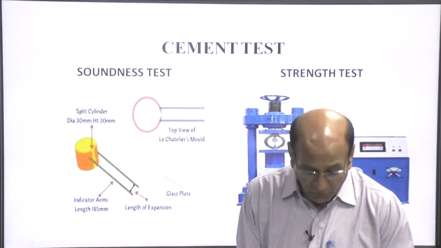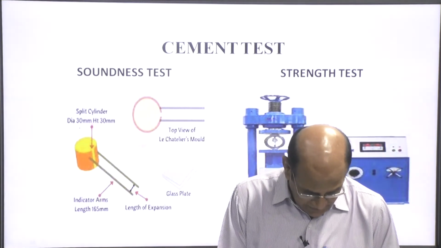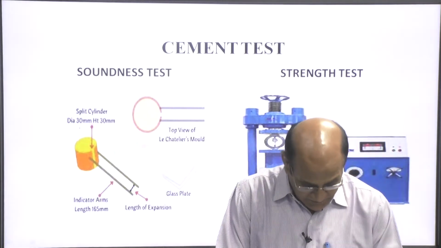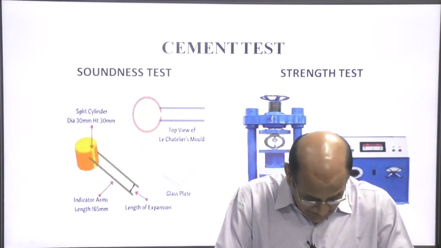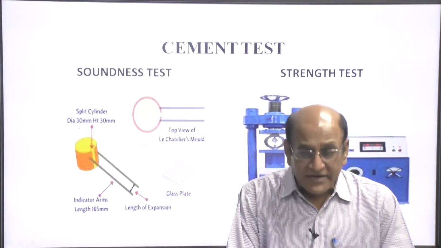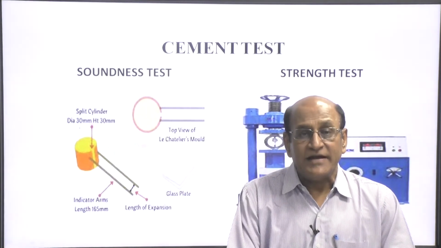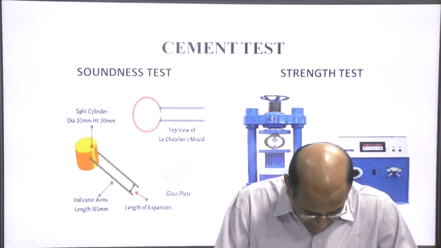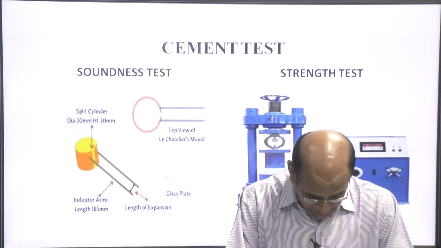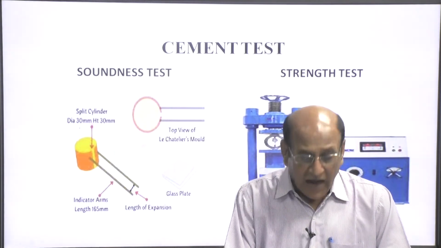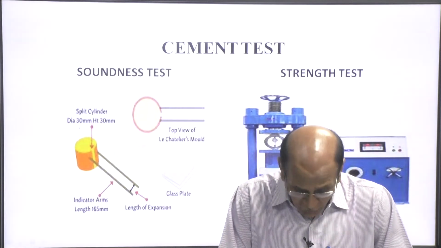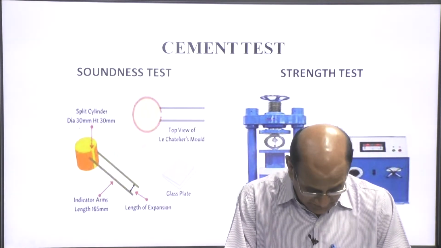So, what happens? The mold is placed over the glass and filled with the cement paste, 100 gram cement and 0.78 times of water, then covered with a glass sheet, and submerged in water at 27 to 32 degrees for 24 hours.